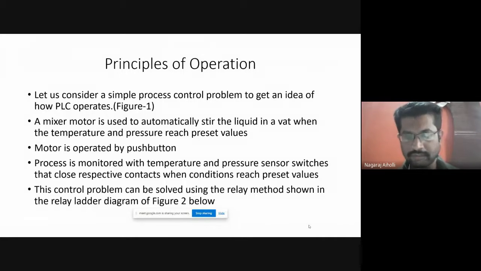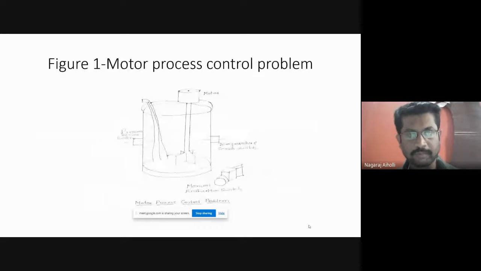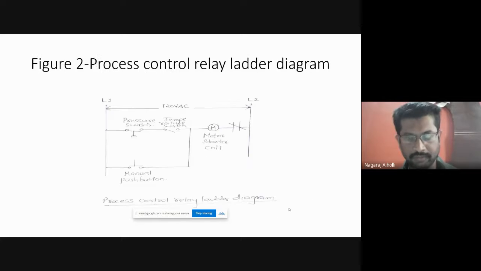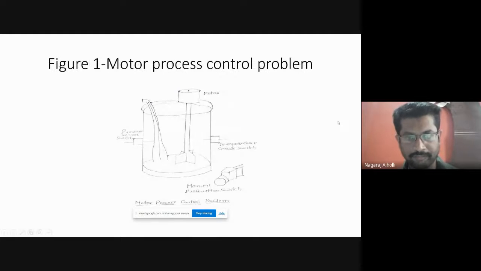Then later on, we took up a control problem, the stirring of the liquid in a container. In this setup, the motor was turned on when the pressure switch and the temperature switch came to their set point values, and there was a stirring of the liquid.